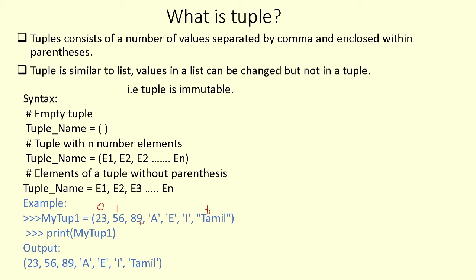So the last will be 6. We can access each element separately by using the index. I can write print my_tuple of 0, and what happens? 23 will be printed. The first element will be printed. This is how we can access a tuple element.